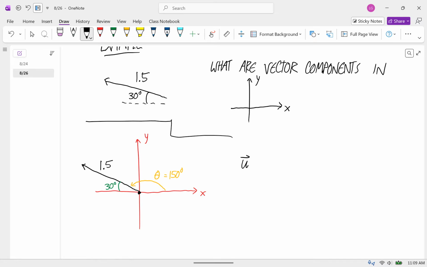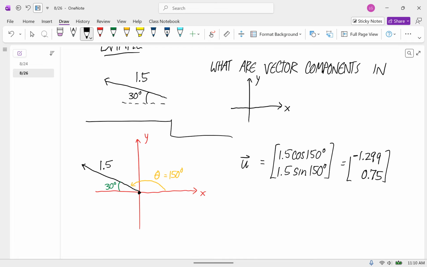So this vector is (1.5 times cosine of 150, 1.5 times sine of 150). And if you plug that into your calculator, make sure your calculator's in degrees. This gives about negative 1.299 for the x component, and then 0.75.